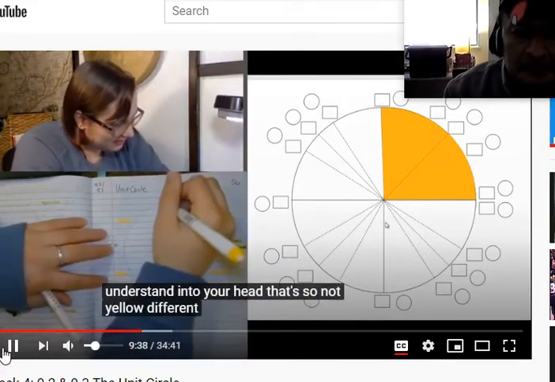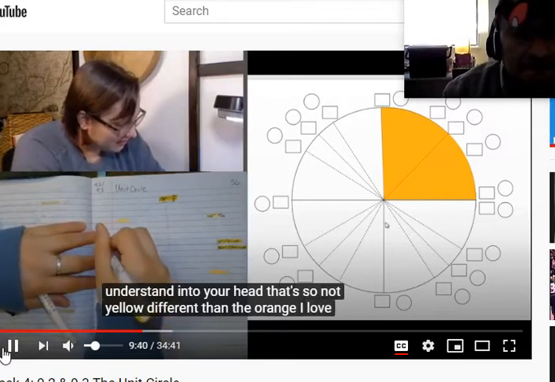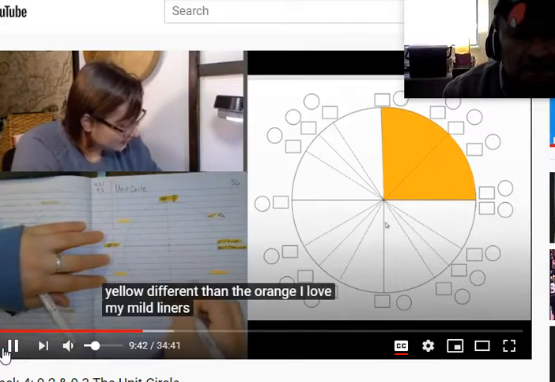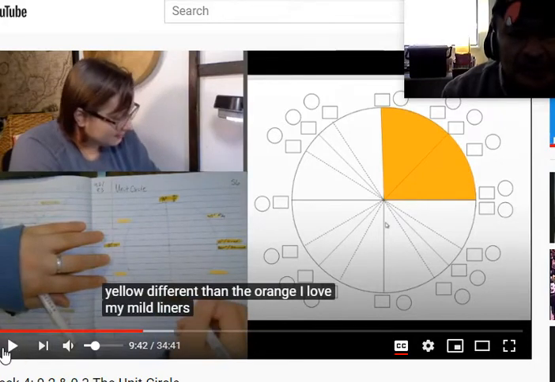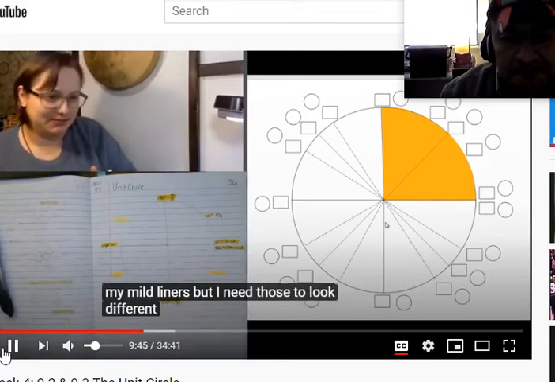That's so not yellow, different than the orange. I love my mild liners, but I need those to look different.